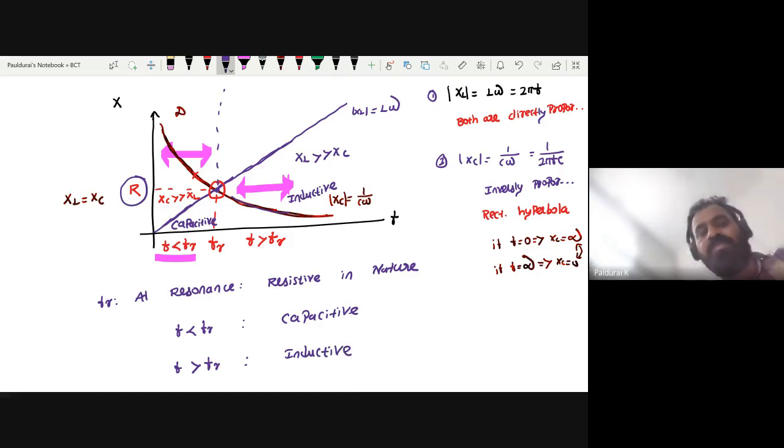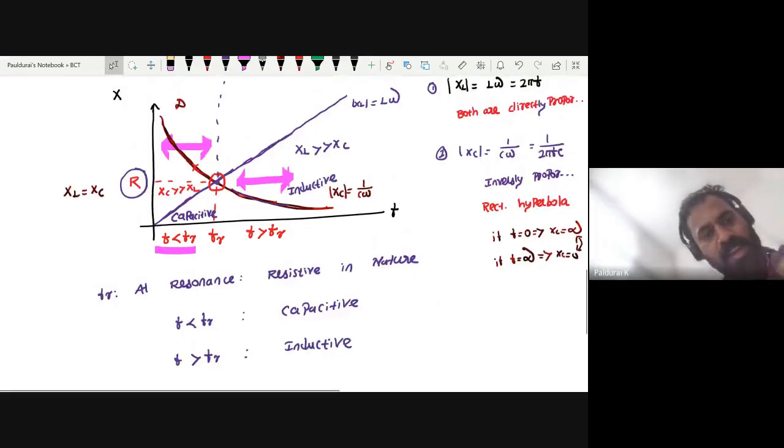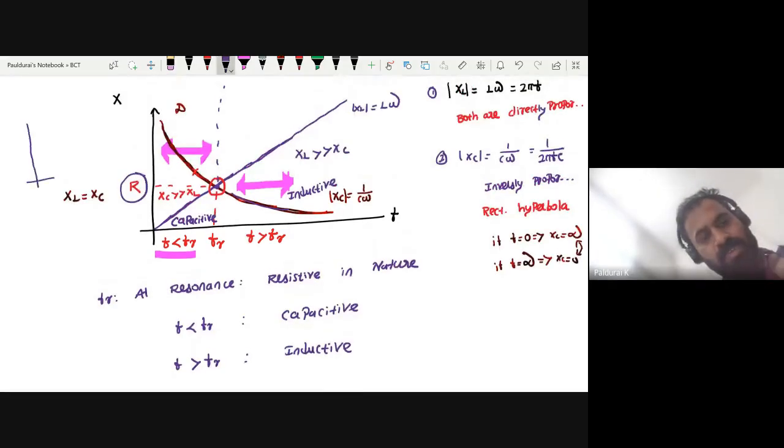Okay, can you roughly draw like this? The variation of frequency F and impedance. At resonant frequency I am getting minimum impedance R. Till resonance, impedance decreases, then impedance increases.